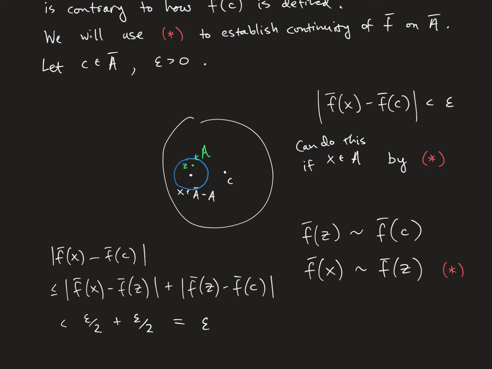That z will have to both be in the small ball and in the bigger ball. So it's in the small ball, so we have this quantity is less than epsilon over 2. It's in the bigger ball, so this quantity is also less than epsilon over 2. And then triangle inequality gives us that the quantity we're fixated on is less than epsilon. Okay, so that's kind of the setup there.